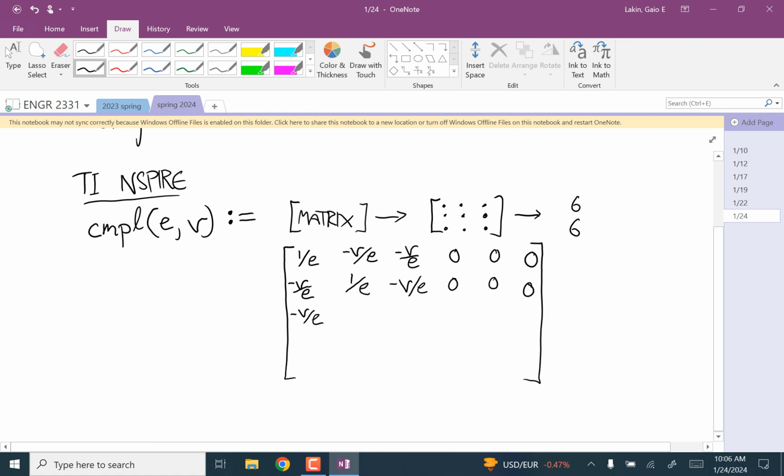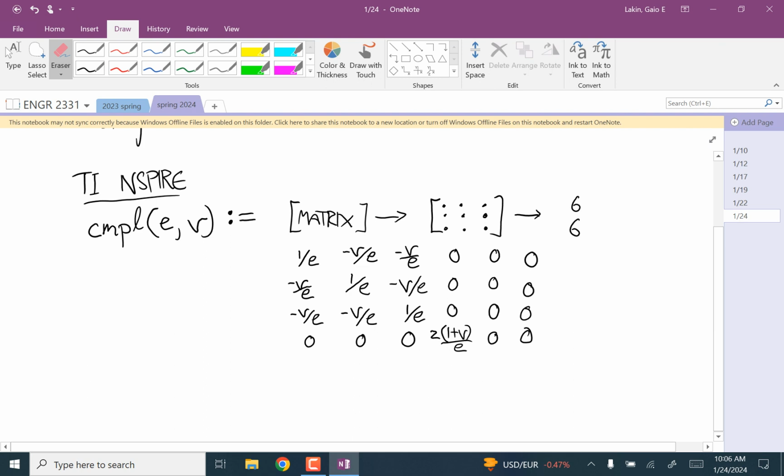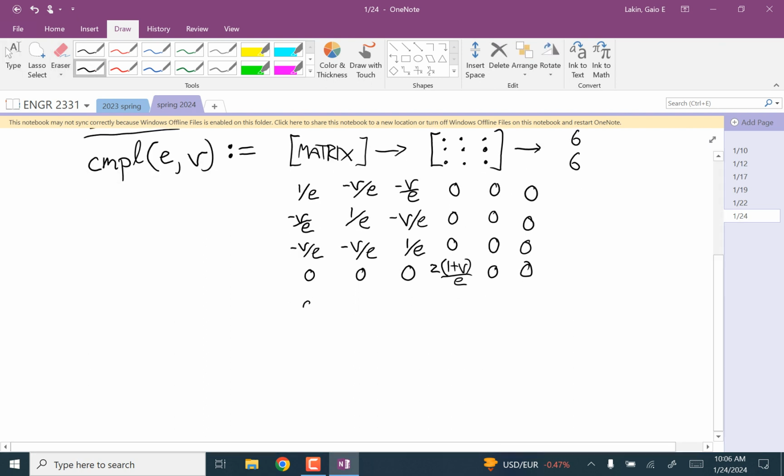Then negative V over E, negative V over E, 1 over E. Then 0, 0, 0, 2 times 1 plus V over E, 0, 0. And then the last one.